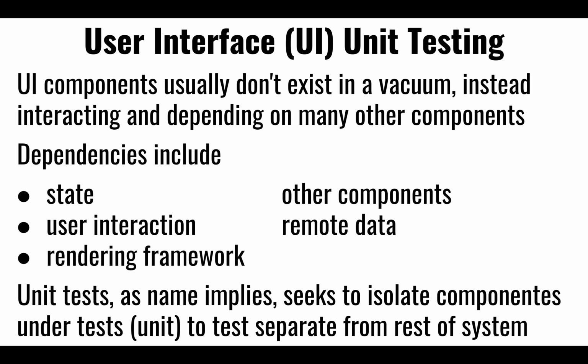Some of the dependencies that are common to all unit tests, whether it's server or UI, is state. We want to isolate it so that it doesn't depend on its state, so that we can fully control the environment, the use case, the state that the component under test is using.